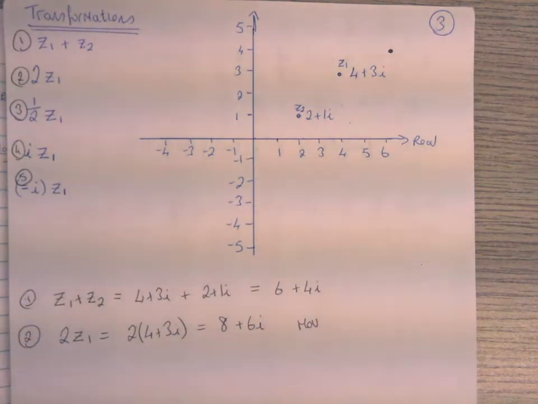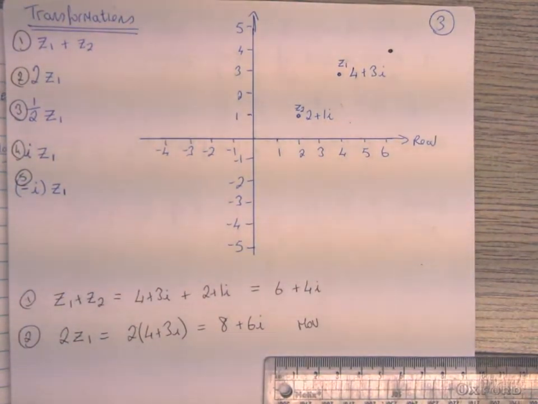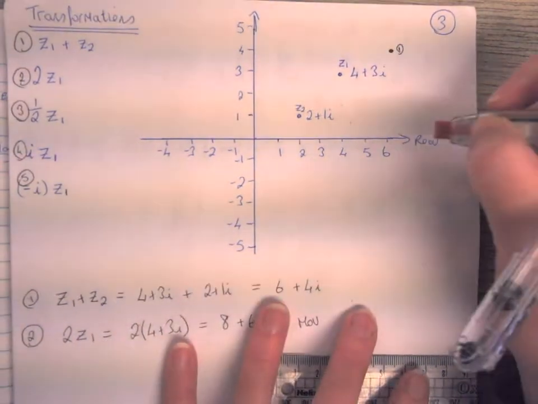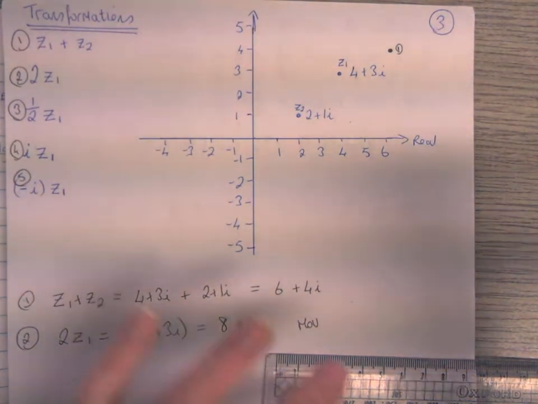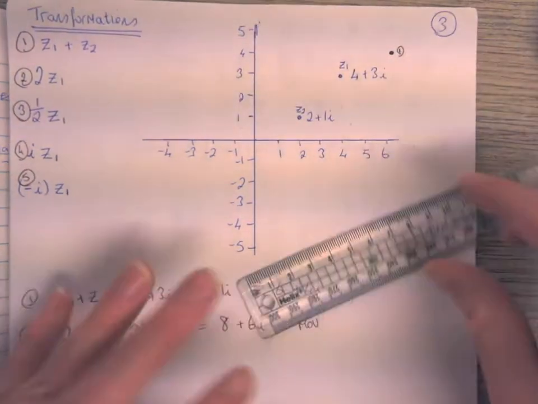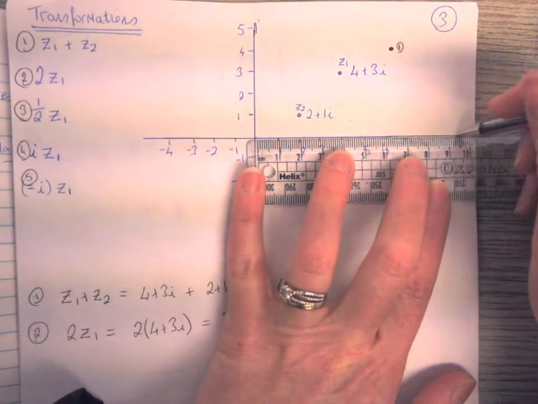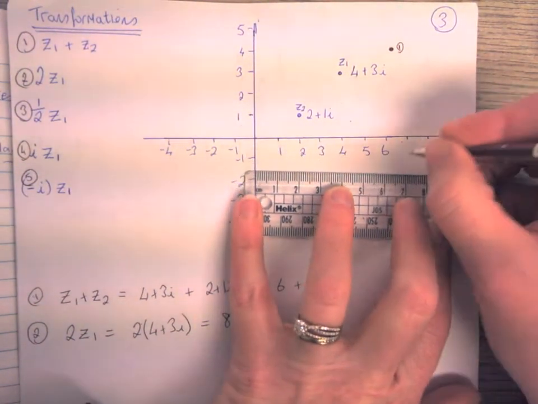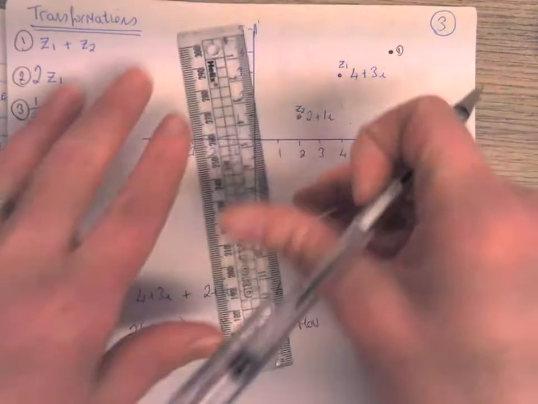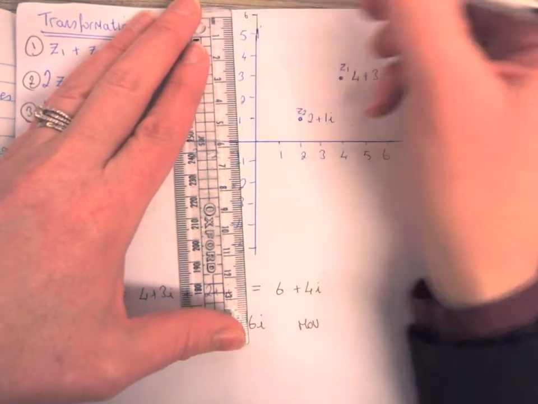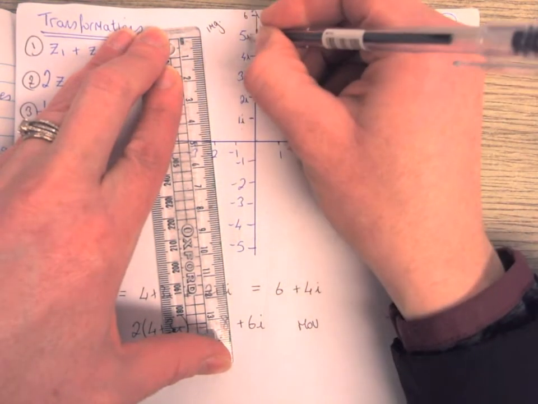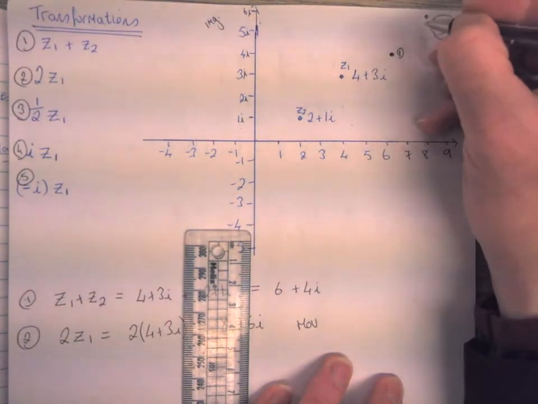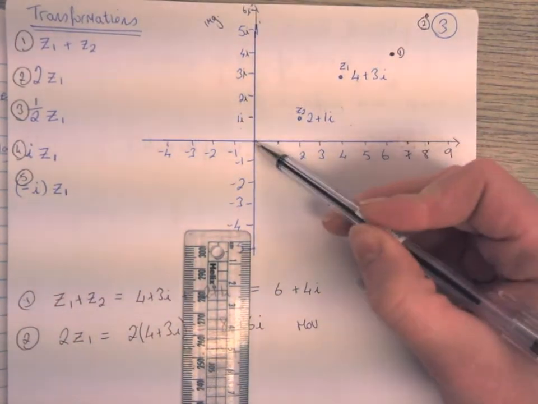Okay, so the distance from here to here is half the distance from there to there.